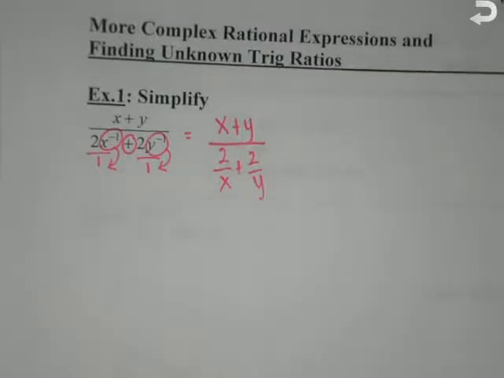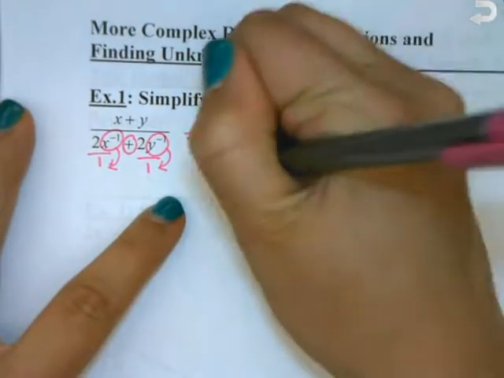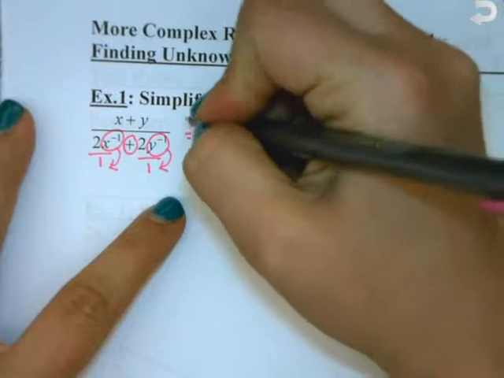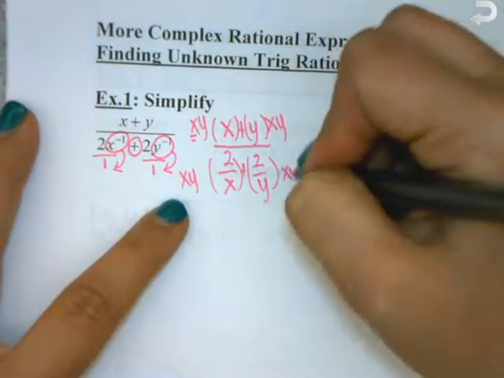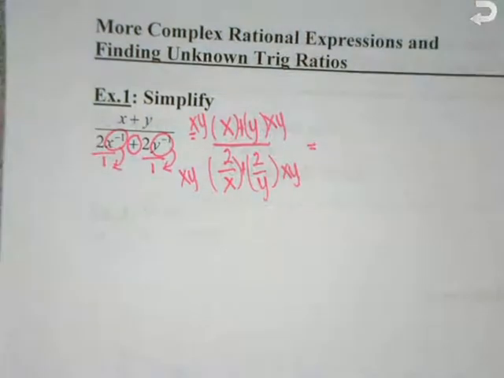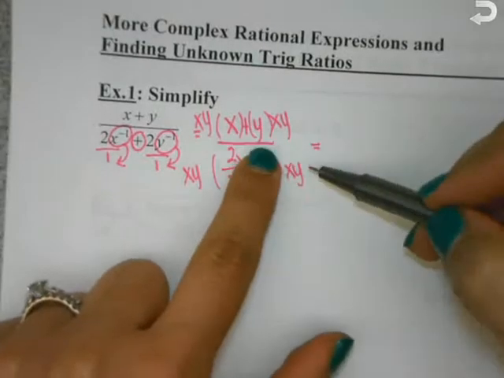So now this looks like exactly what we just did several minutes ago. So what would be the least common multiple here? xy. So multiply every single term by xy. In the numerator, nothing is going to cancel because our x plus y didn't have fractions at all.